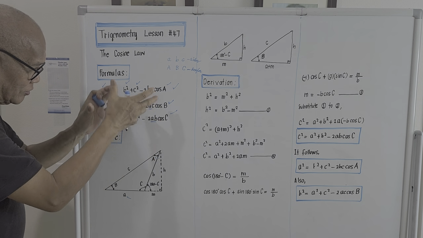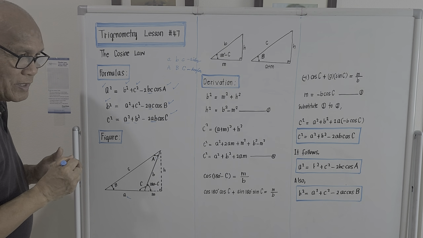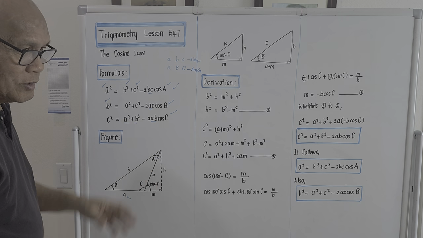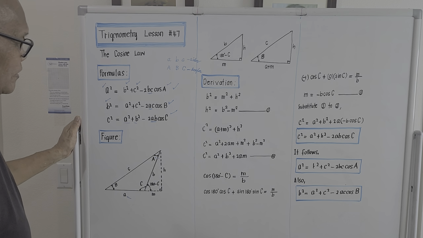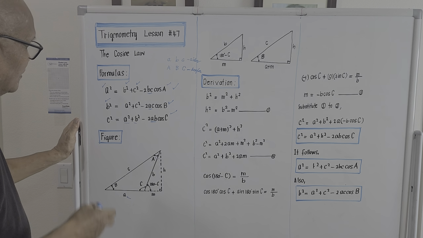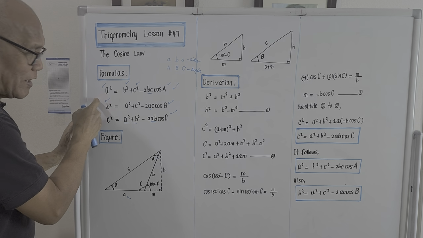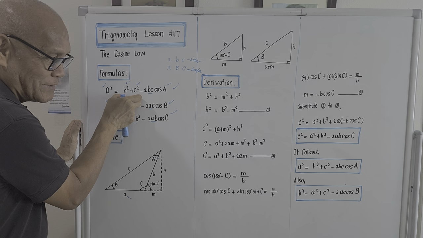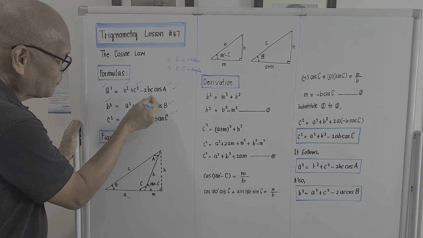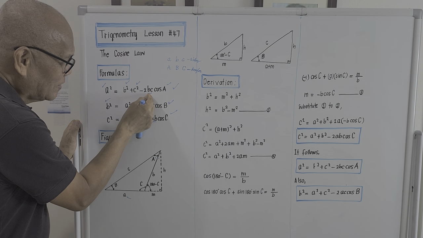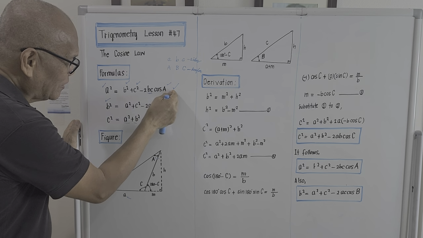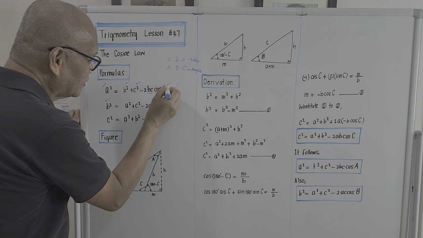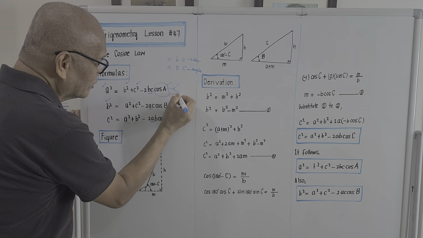So these are the three formulas. Okay, it is the so-called cosine law. It means that in any oblique triangle, the square of any side should be equal to the sum of the squares of the other two sides, okay, minus twice the product of those two sides times the cosine of angle A, and this angle A is actually the so-called included angle.